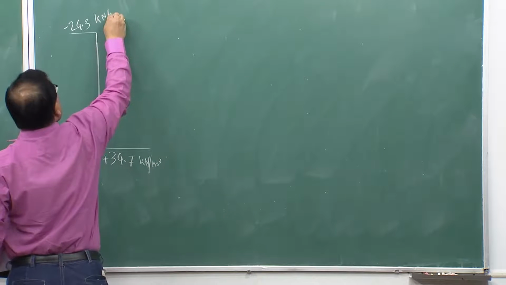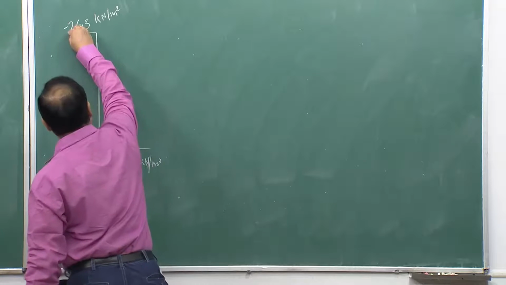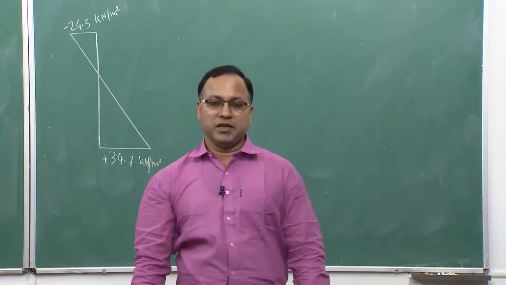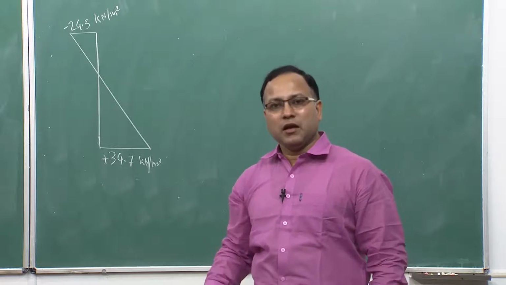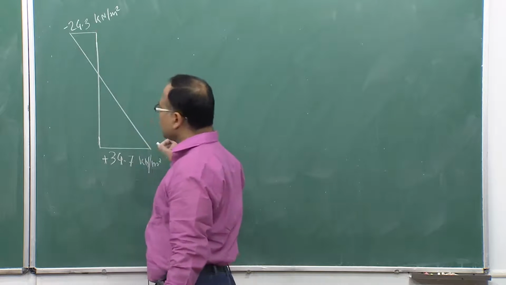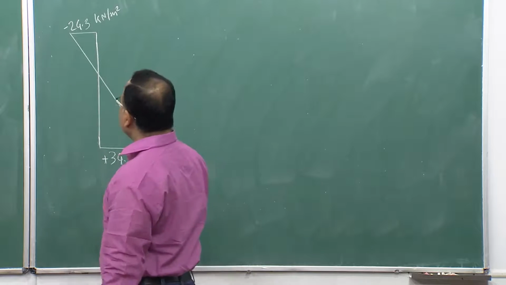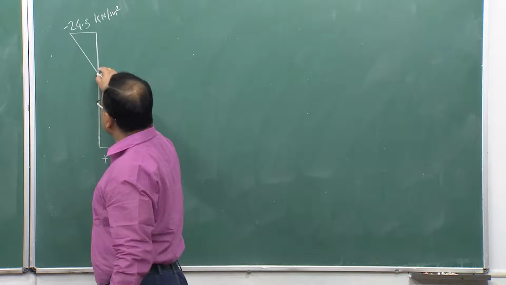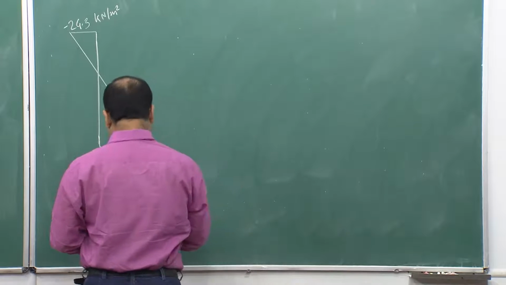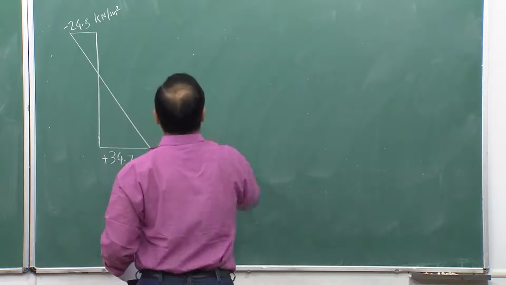Now, I can join these two. You can do this graphically as well as analytically. Graphically means you plot all those coordinates, join these two lines, and find out the depth where this active earth pressure becomes 0, or else you can find that from your previous knowledge, that is Z naught.